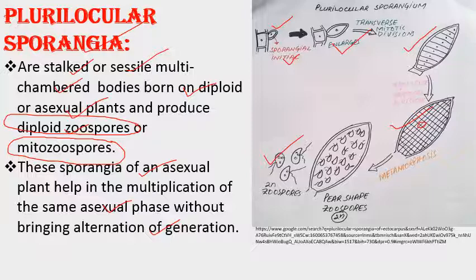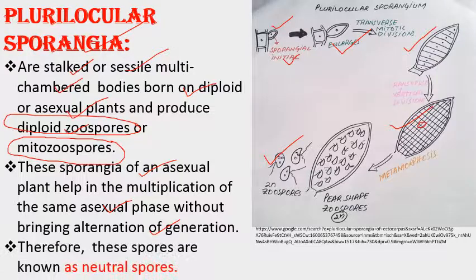Alternation of generation means that one generation that is haploid or diploid is followed by diploid or haploid generation. So इसमें इस तरह का जो alternation of generation है that is absent in case of this plurilocular sporangia. The zoospores produced by this plurilocular sporangia. Therefore these spores are known as neutral spores, इसलिए इन spores को neutral spores भी कहते हैं.